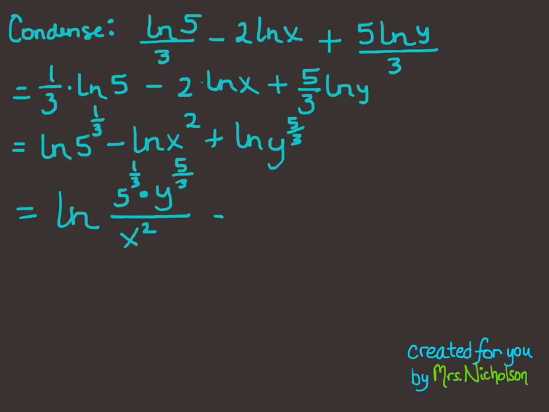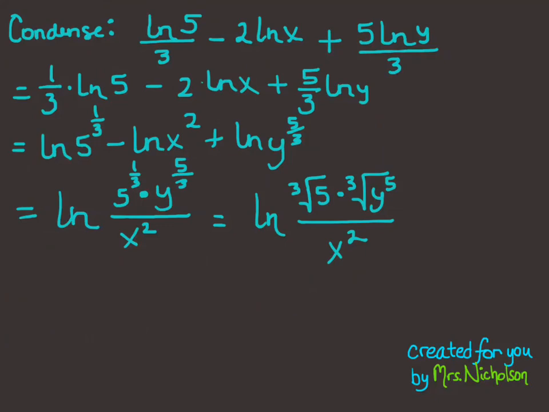And then let's go ahead and rewrite those fraction exponents as roots. I'll go ahead and do them separately in the first step. I could rewrite this as the cube root of 5 times the cube root of y to the 5th, remembering that fraction exponents can be rewritten as roots, over x squared.